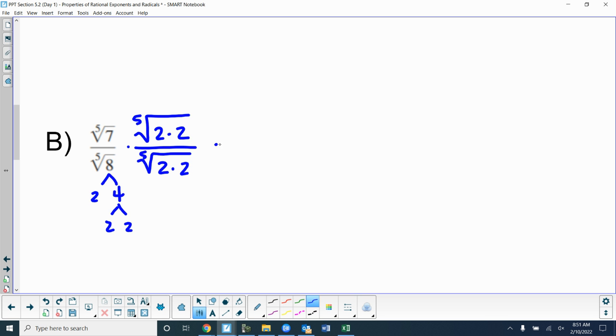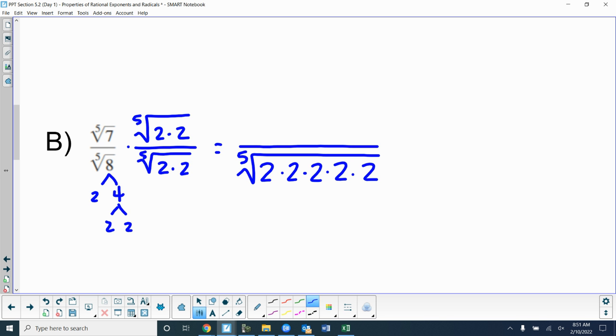So if we look at the bottom now, we have 5 2's, right? That's what I want. If it was 4th root, I'd only need 4. If it was cube root, I'd only need 3. Okay?